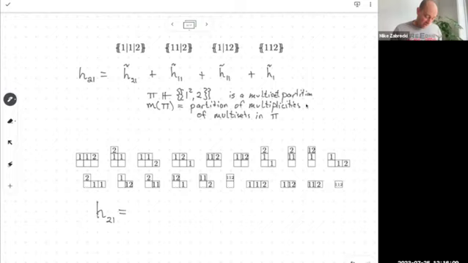And so the S tilde expansion of H21 is S3 tilde plus S21 tilde plus 4 S2 tilde plus 3 S11 tilde plus 7 S1 tilde plus 4 S empty tilde.